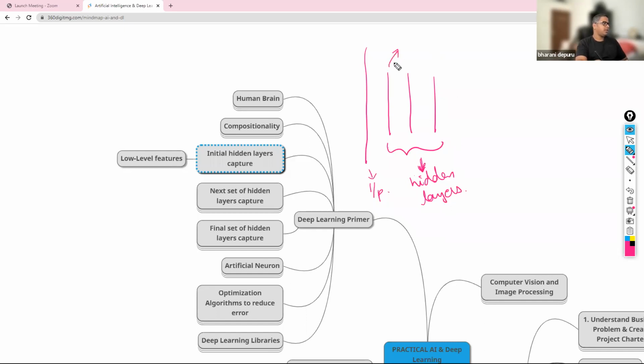The initial set of hidden layers capture low-level features.